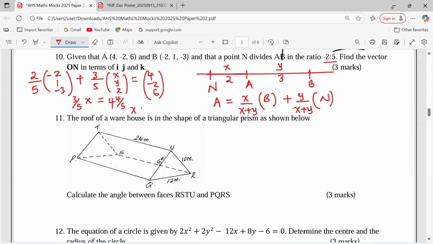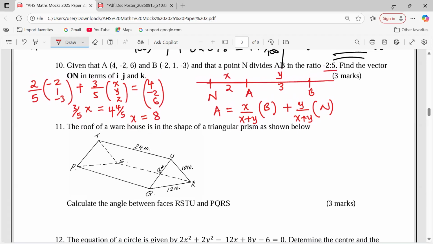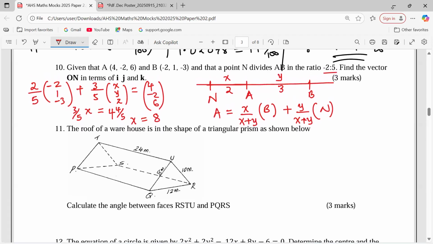So to get x now, we can multiply by 5 over 3. This is going to be exactly 8. Then we go to the y component first. The y component, and we can say negative, okay, 2 over 5 by 1 remains 2 over 5. Then we add 3 over 5y. This now becomes -2.